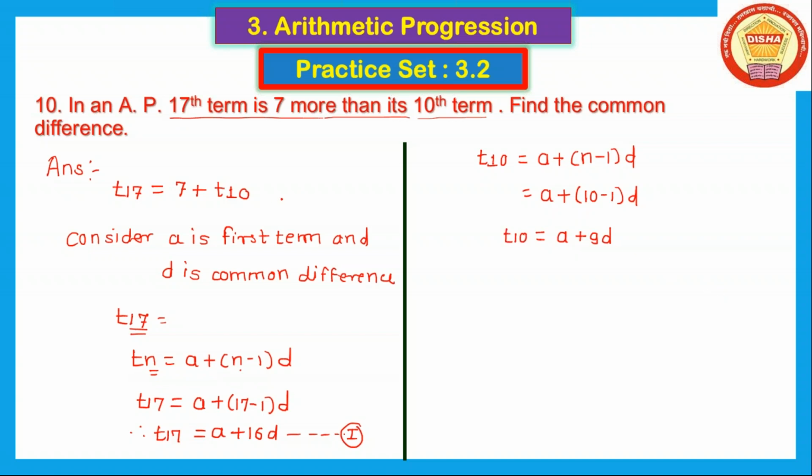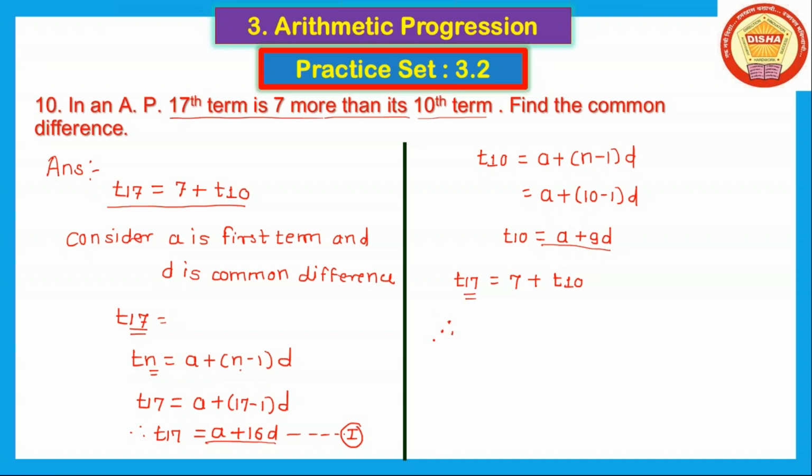Then see, the relation is given in between them. What is that here? The 17th term is 7 more than 10th. Then we find the 10th term in the form of A and D. Here we find 17th term in the form of A and D. Then we take the relation. The 17th term is 7 more than the 10th term. Then we put T17.